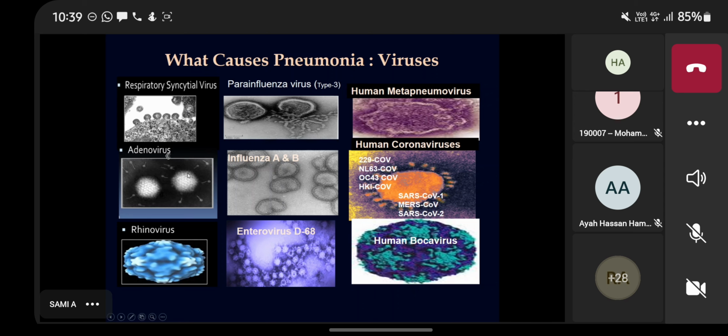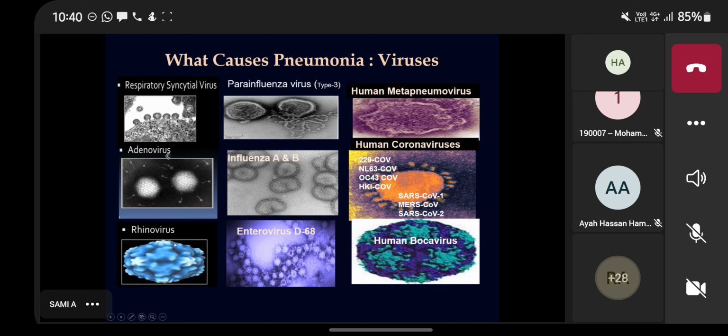Now, when it comes to adenovirus, we have around 52 serotypes. However, only seven types are responsible for severe pneumonia, and sometimes you will see an adenovirus outbreak. And in terms of influenza, pneumonia actually is the most common complication in children hospitalized with influenza.